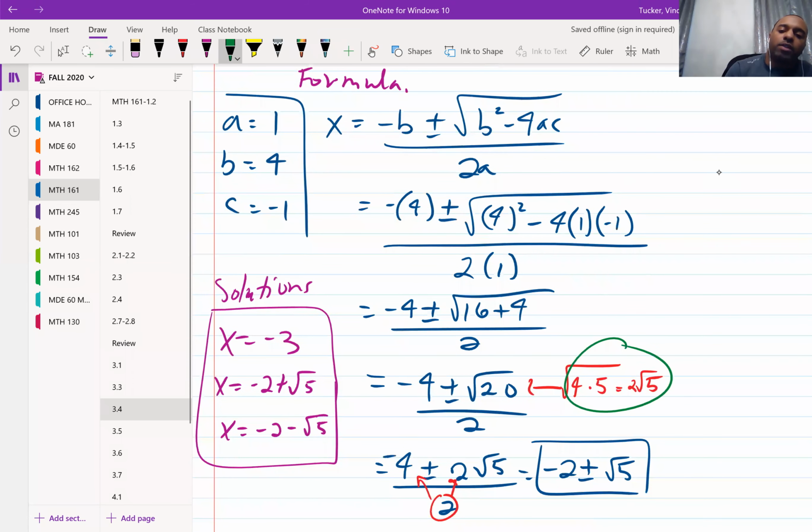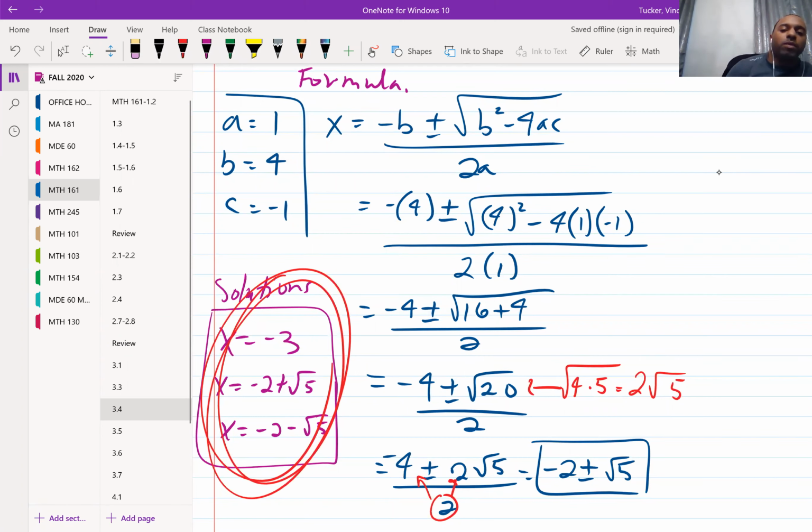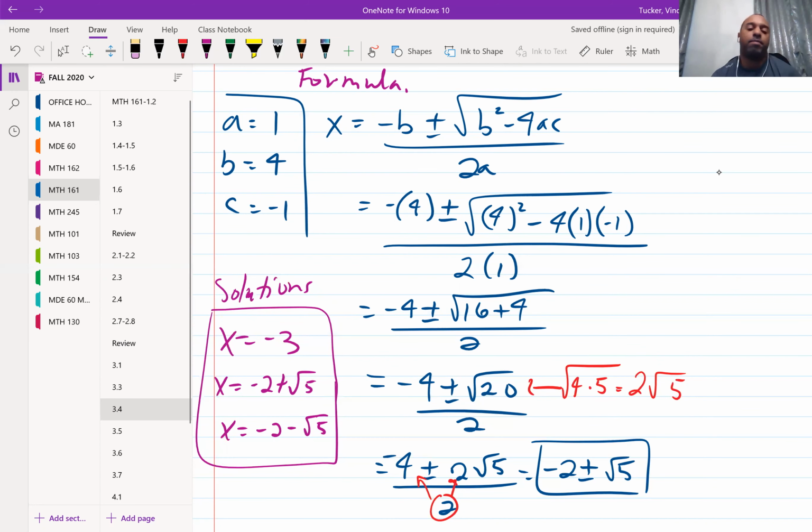You can break down that 20 by doing the square root of 4 times 5, taking the square root of 4, which is 2 square root of 5. And then here, that 2 in the denominator can divide into each numerator, leaving you with -2 plus or minus square root of 5. And you see right here in the purple, we list all 3 of our solutions.